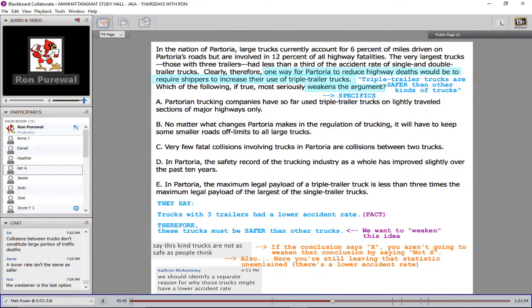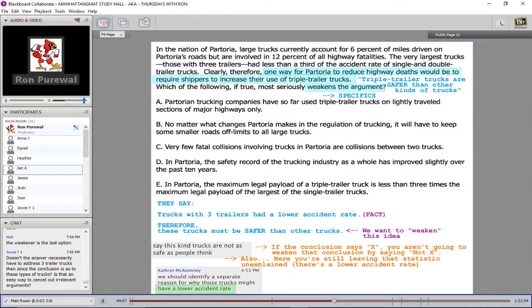Because we have to understand why there is a lower accident rate. The lower accident rate is the whole point behind why this argument is an argument in the first place.